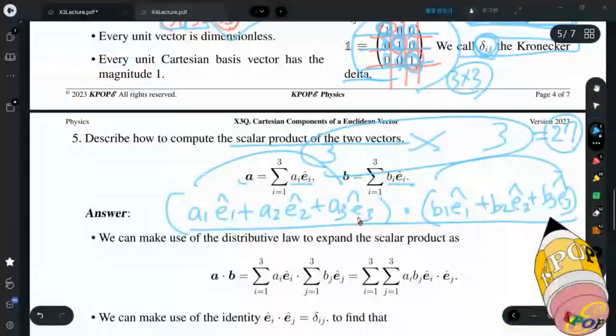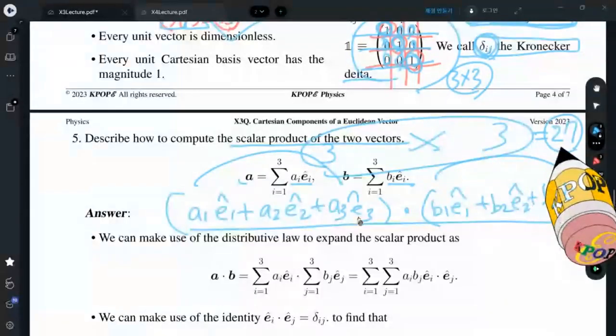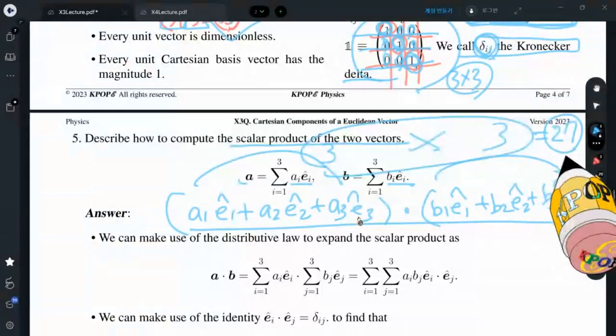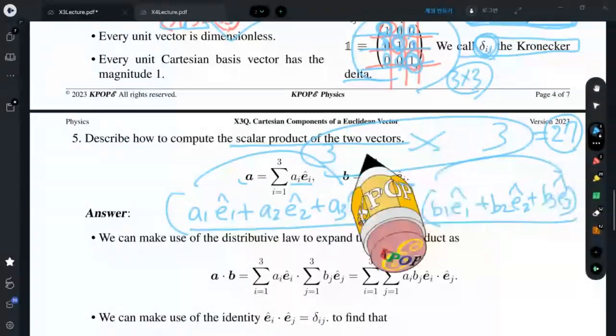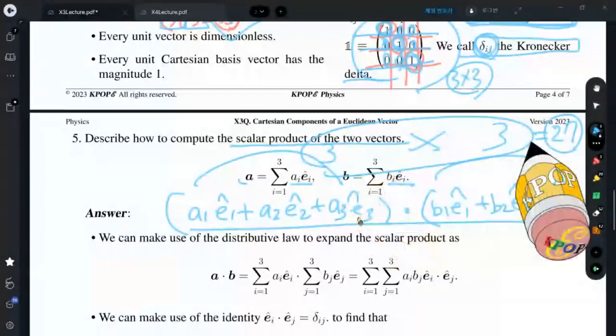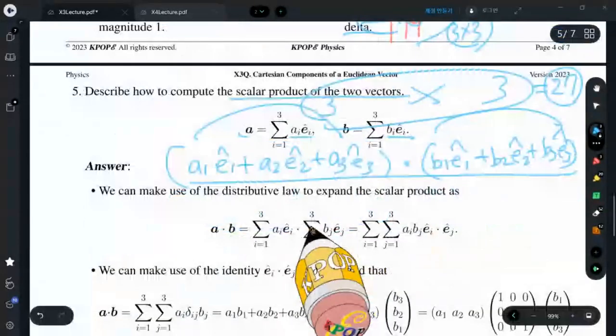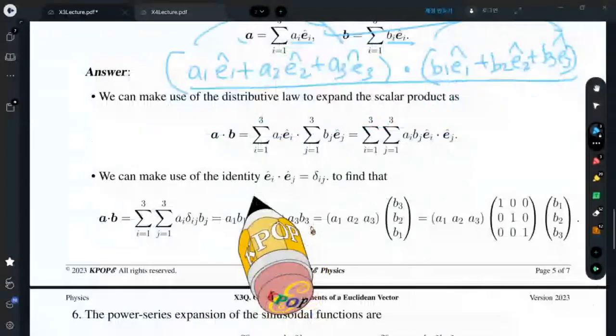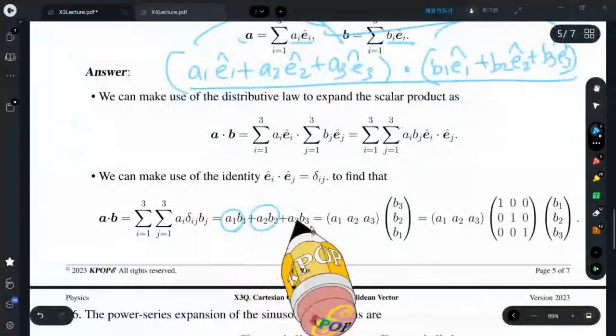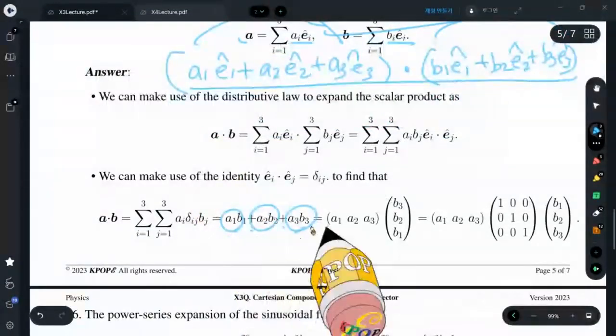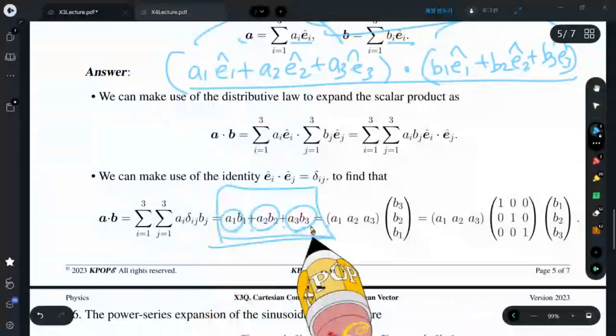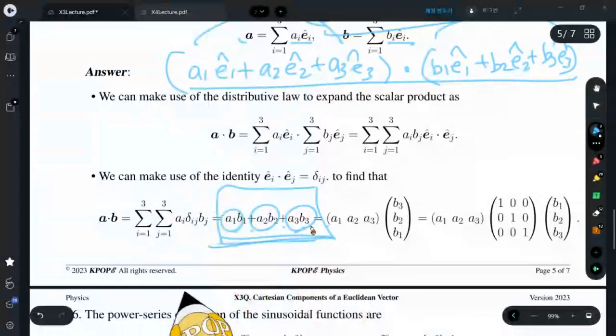However, only 3 among the 27 terms survive: 1-1, 2-2, 3-3. Very simple. Three terms survive.